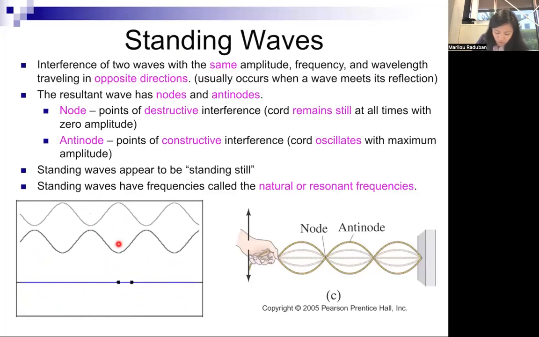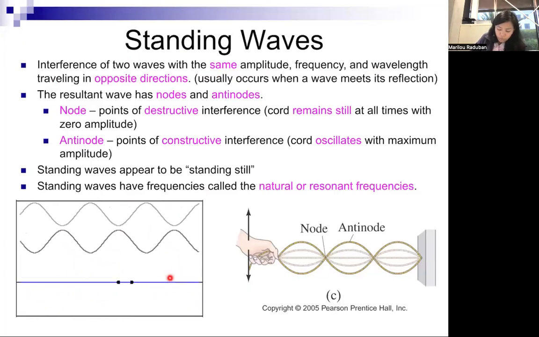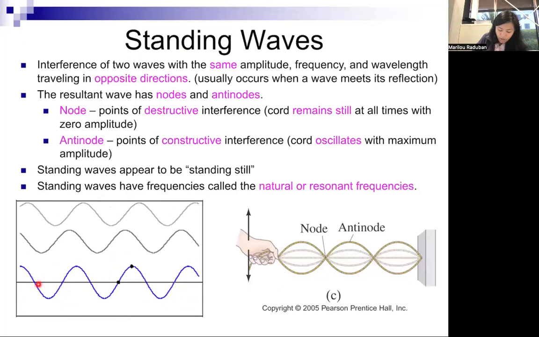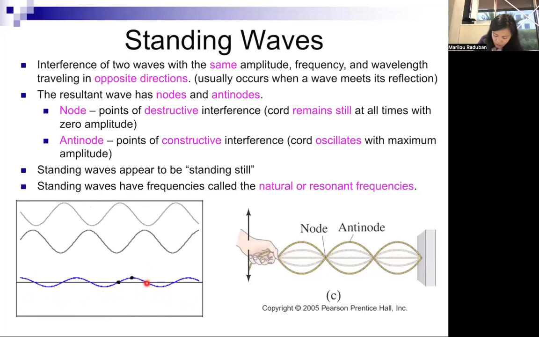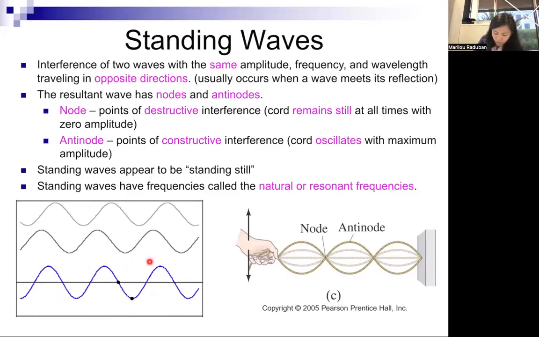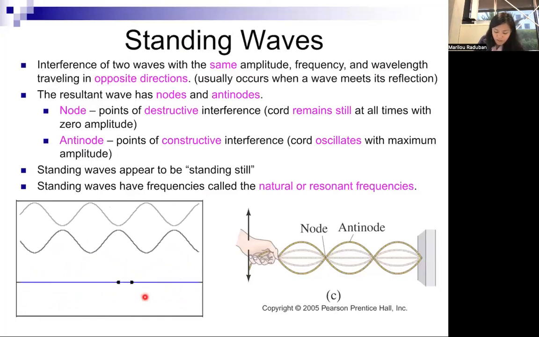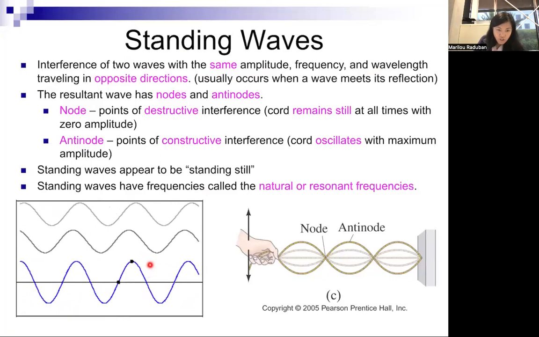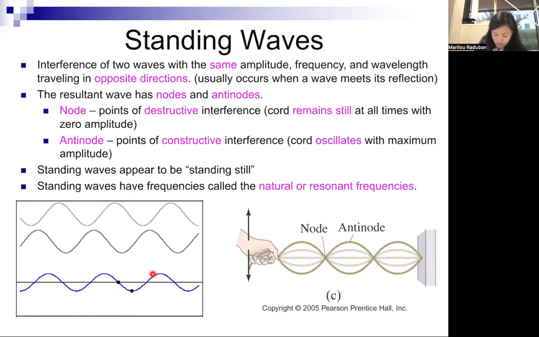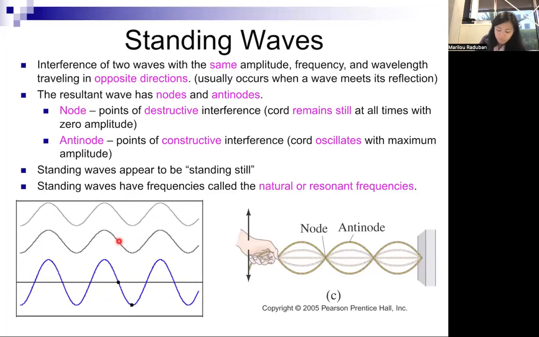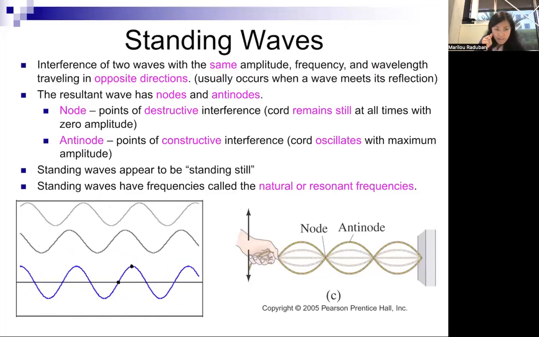When they superimpose, they can form this standing wave represented by this blue wave here, and it's called a standing wave because the wave doesn't appear to be propagating. It just appears to be oscillating. It's stationary in space. But it actually consists of two waves that are propagating, but this resulting standing wave just appears to be stationary in space.